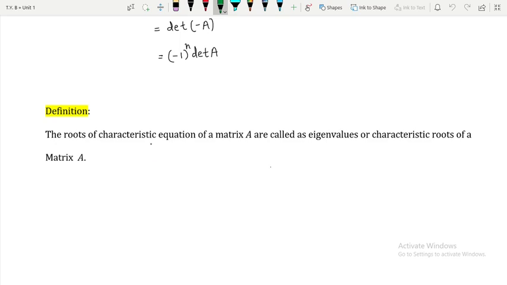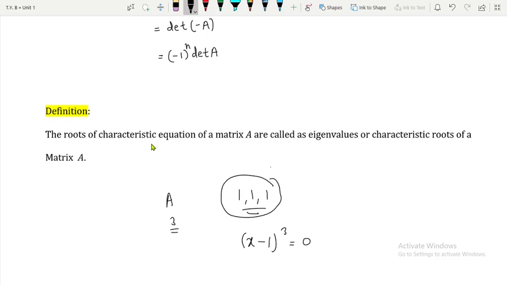It may happen that your eigenvalues are 1, 1, 1 if the order of the matrix is 3. You will say that these are 3 eigenvalues, right? This is not only one, because your characteristic equation in that case is going to be (x minus 1) whole cube is equal to 0.